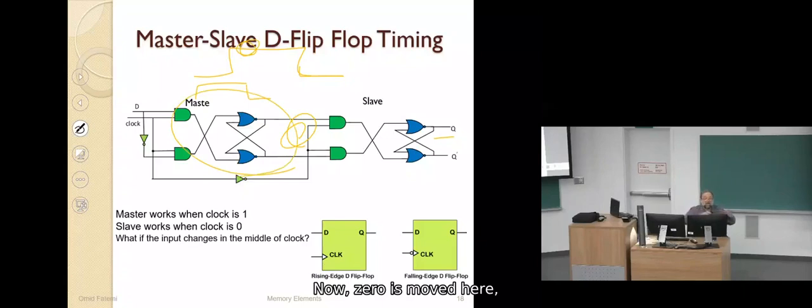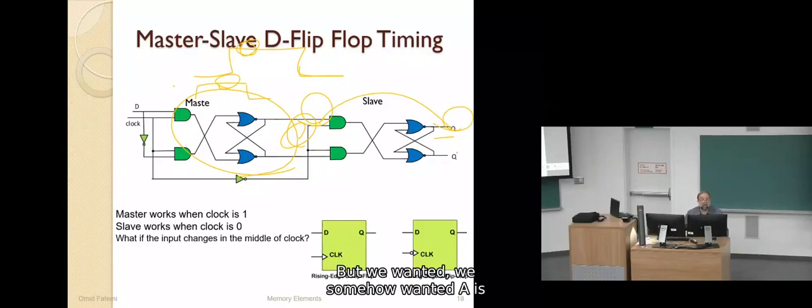So now 0 is moved here, not the one that we had at this time. 0 comes here, and then when the clock becomes 0, this 0 goes to output, Q becomes 0. But what we wanted, this is the typical object that we want, at the edge only change. And if something happened during the clock, it doesn't affect the output.